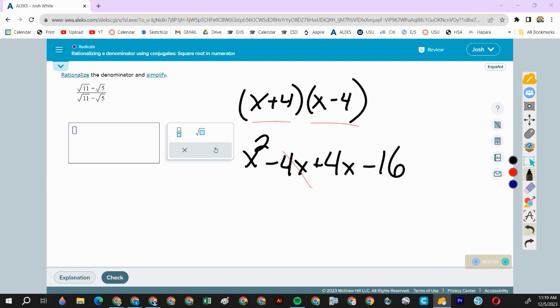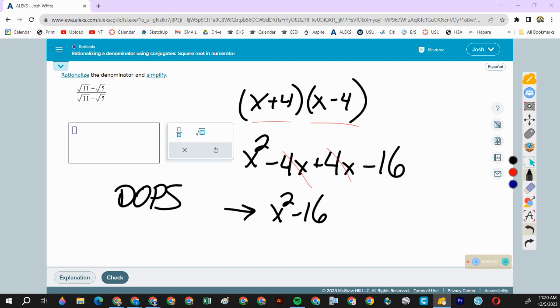And the middle two cancel. We get x squared minus 16. Okay? This has a special name. Difference of perfect squares. Right? Anytime you multiply conjugates together, you get a difference of perfect squares. That middle term is going to cancel.